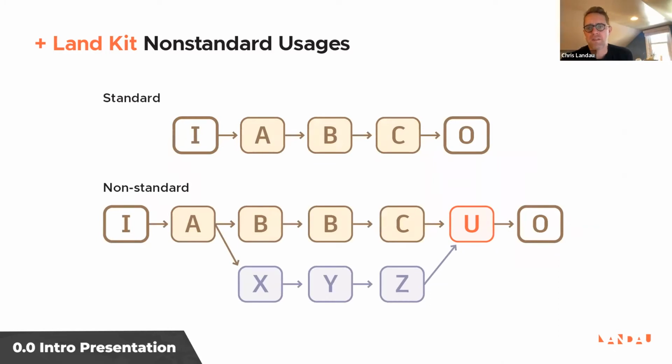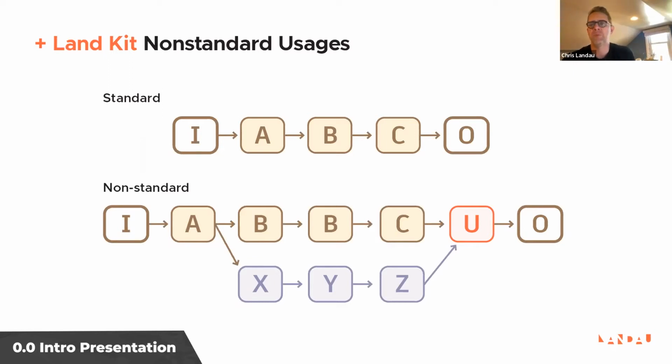Okay, so this is where things change a little bit. The standard workflow, and this is very abstracted, might have an input, a series of components and processes that process the data in a certain way, and then an output, or a series of outputs.